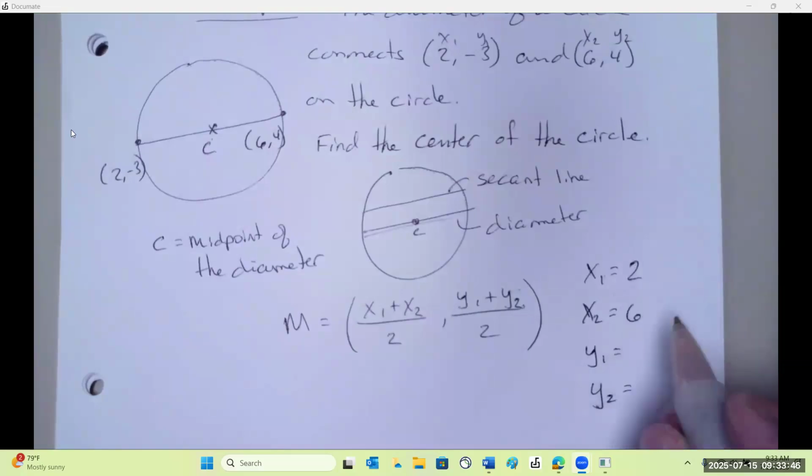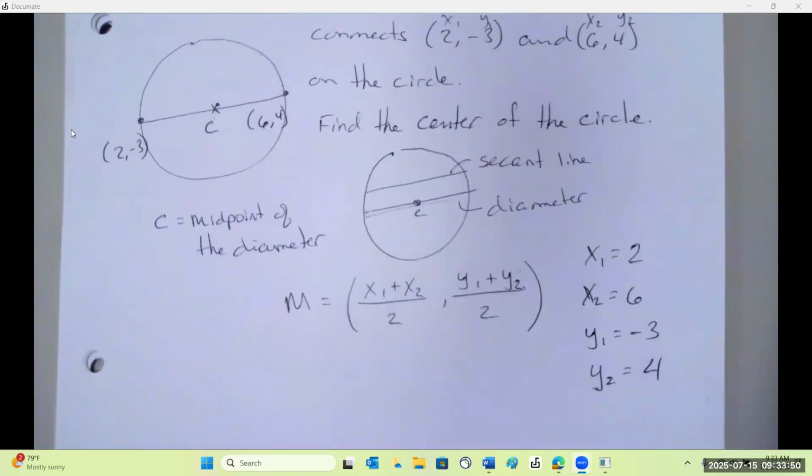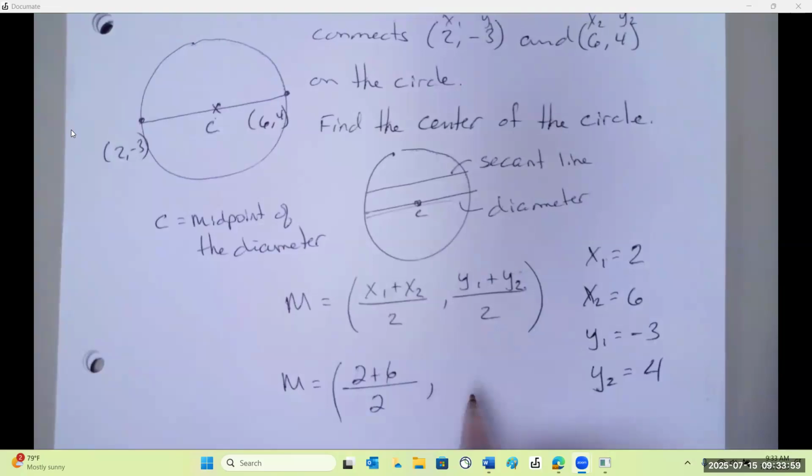So 2, 6, negative 3, 4. Two plus 6 over 2, negative 3 plus 4 over 2.